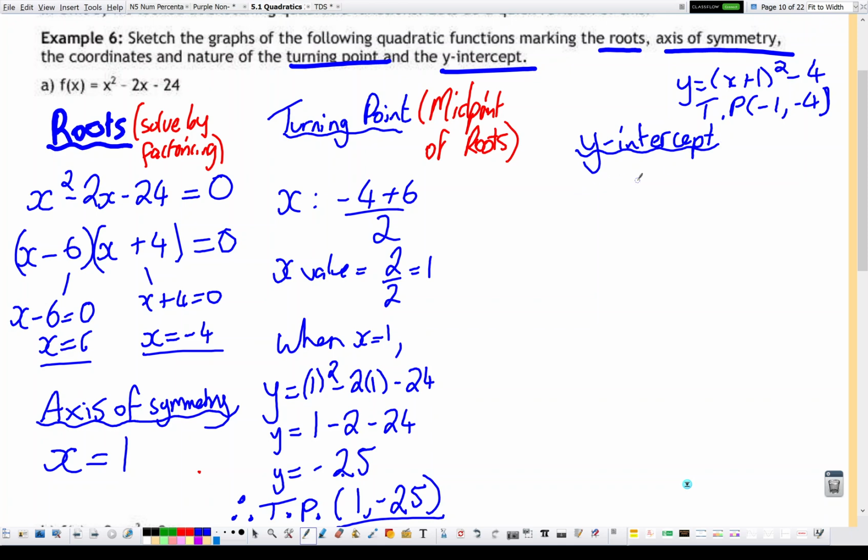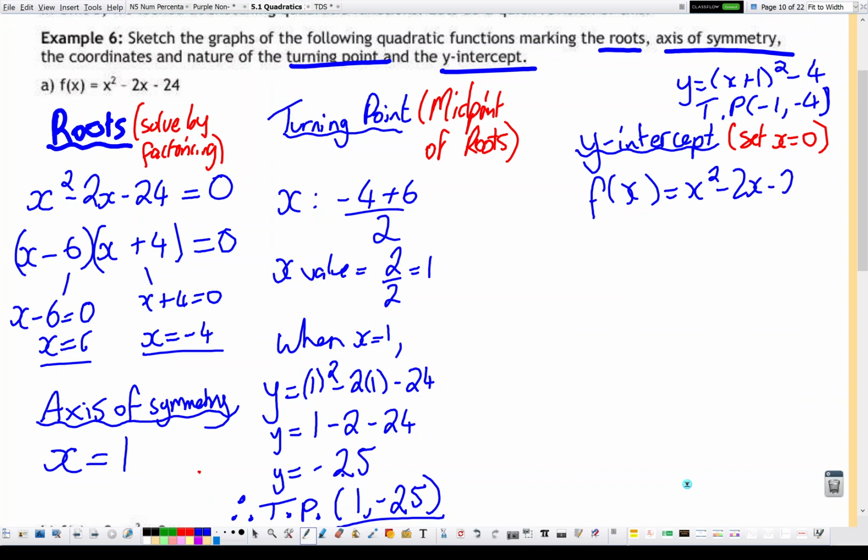Now the y-intercept you can mark on, just to remind yourself, you always set x equal to 0. Okay, because the y-intercept is the point where the graph cuts the y-axis. At the y-axis, the x value is 0. So you take f of x equals x squared minus 2x minus 24.